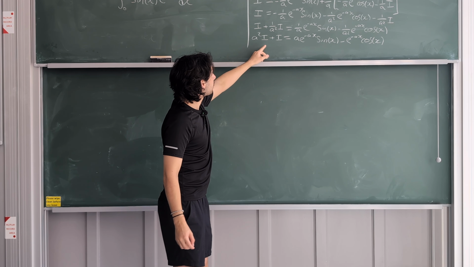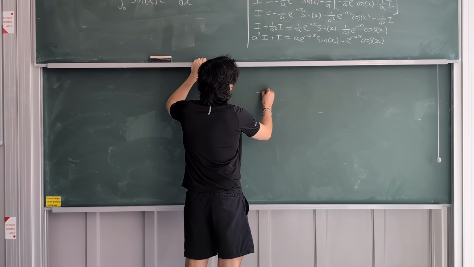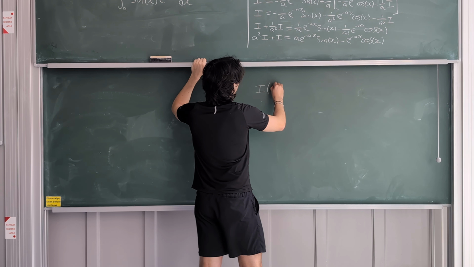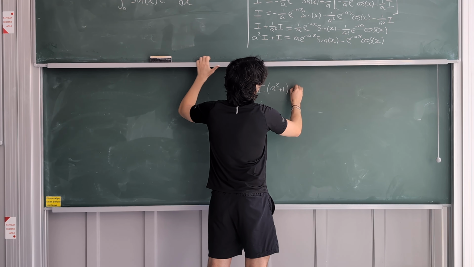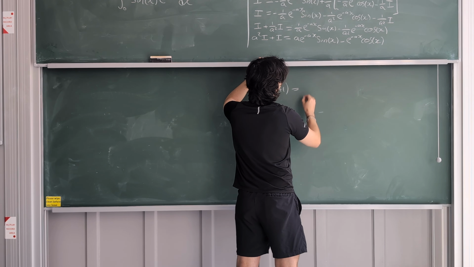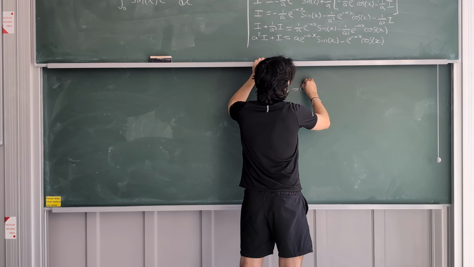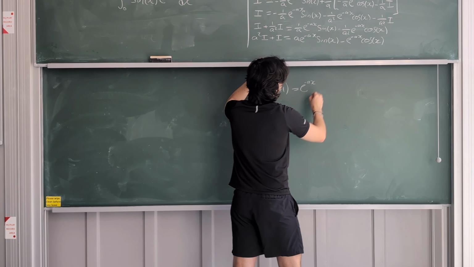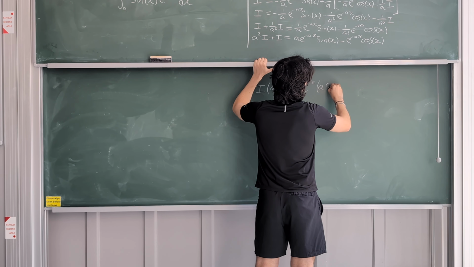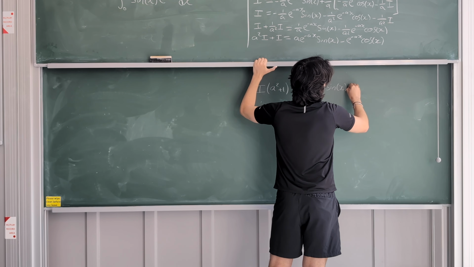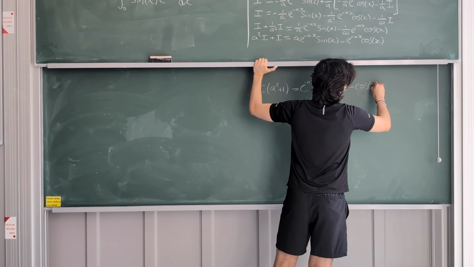I'm then going to factor the I out here. So I've got I times a squared plus 1 equals all that stuff again. And I'm also going to factor out an e to the minus ax from that, so I've got a sine x minus cos x there.